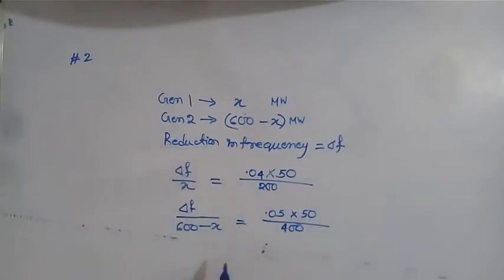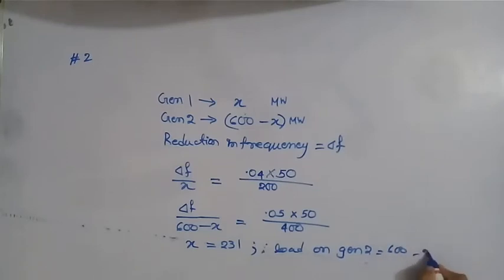Now solving this, we get X is equal to 231, and load on generator 2 is 600 minus 231, equal to 369 megawatt. So this is the load of generator 1 and this is the load of generator 2.